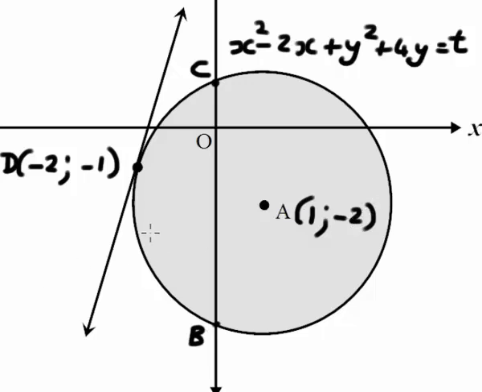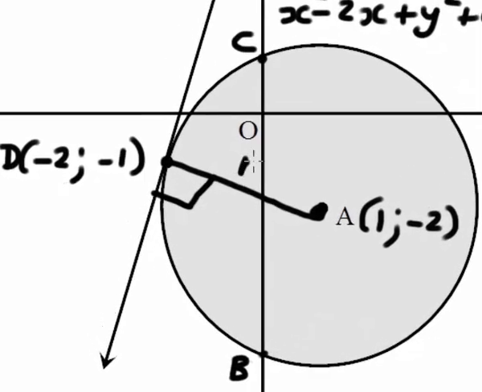Well, if you think of the radius, if I draw it in here, there's my center. The radius and the tangent are perpendicular, but if you look at the length of AD, there's your radius. Let's use the distance formula to work out the length of AD.